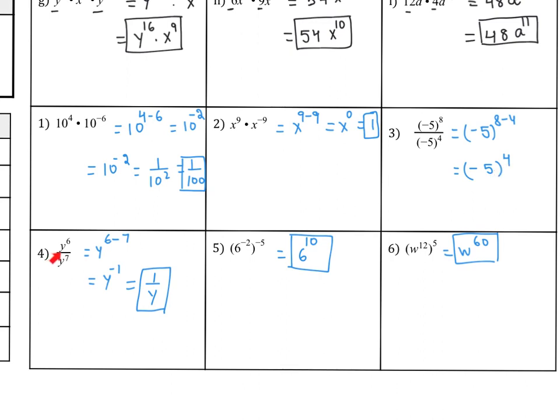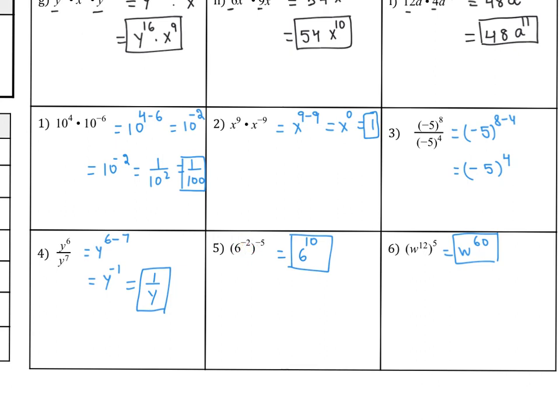For number 4, you're going to have here y to the power 6 minus 7. So that's going to be negative 1. Anytime you have a negative exponent, flip it. So 1 over y to the power 1. Now, you don't have two bases, but you have two powers. So it means this is a power of a power property.